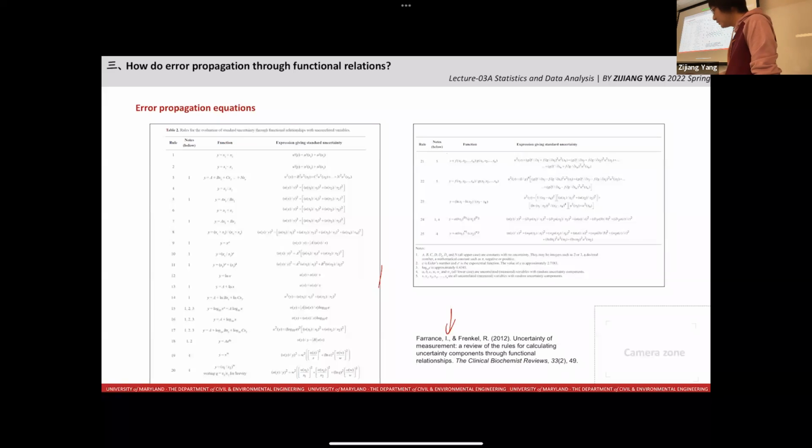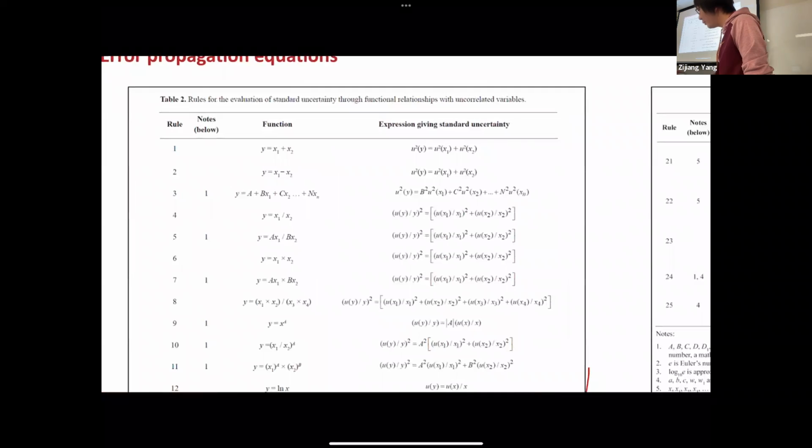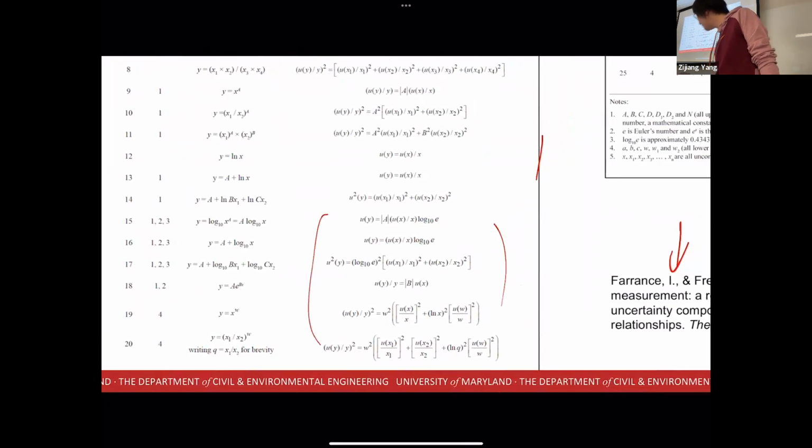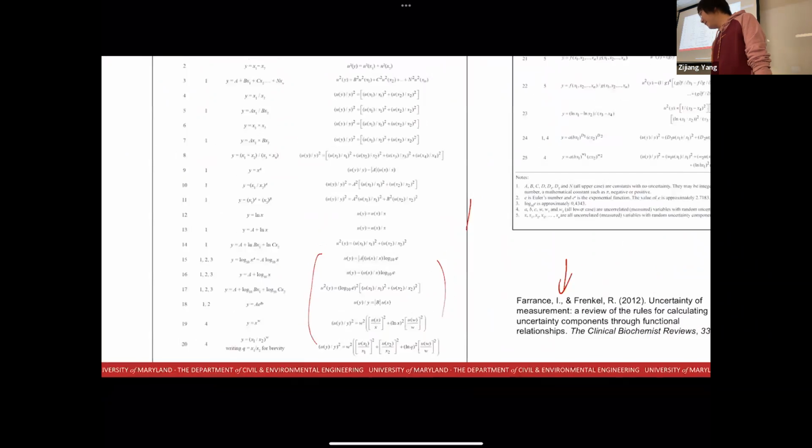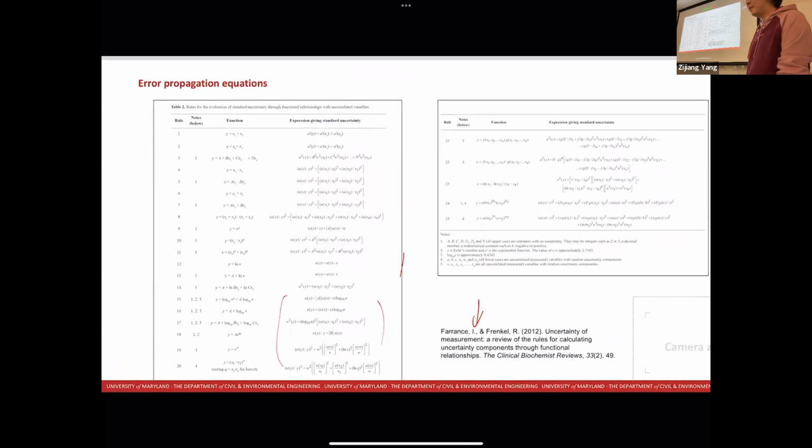This paper also summarized the error propagation of different forms. It has some weird forms that I have never seen, but maybe in the future, if you want to use an error propagation equation, you can just take a look at this table. All of these equations are derived from the partial differential equations that we talked about before.